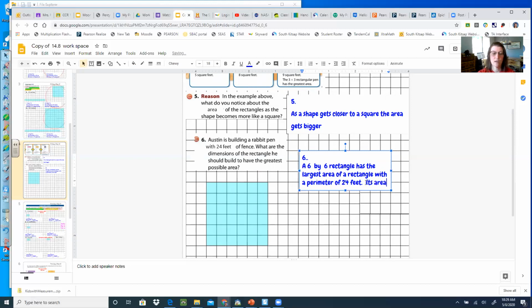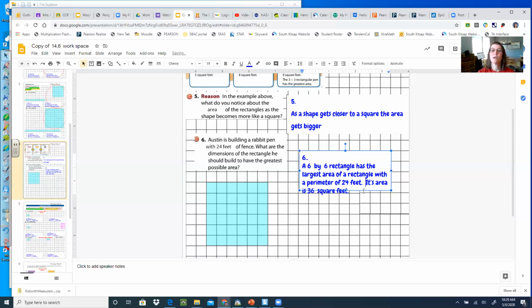Its area is 36 square feet. So I'm going to make that purple so that I remember that that was something that I changed and I added. So if you add that on, I'm going to give you a special bonus point.